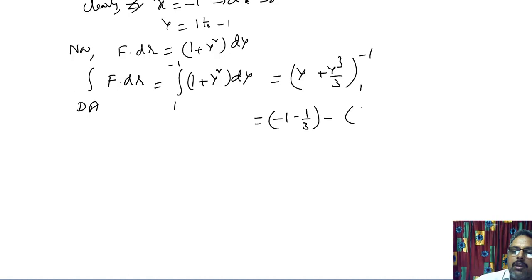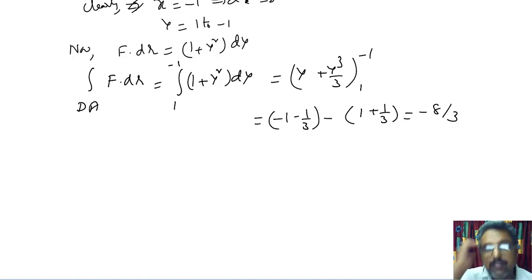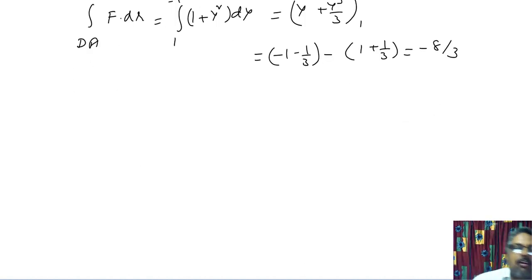Now, what is the final conclusion? Therefore, the integral of F dot dr along the closed curve C, the circulation, equals the integral along AB plus the integral along BC plus the integral along CD plus the integral along DA.